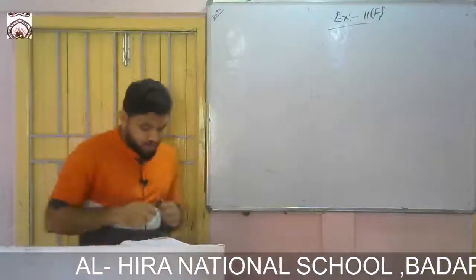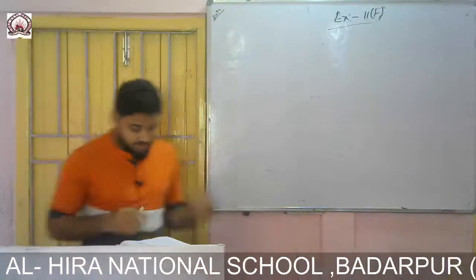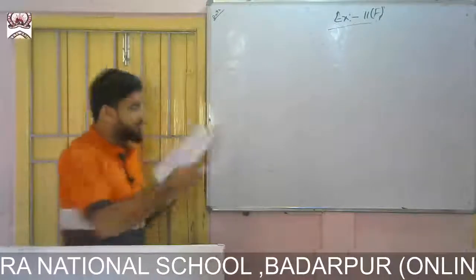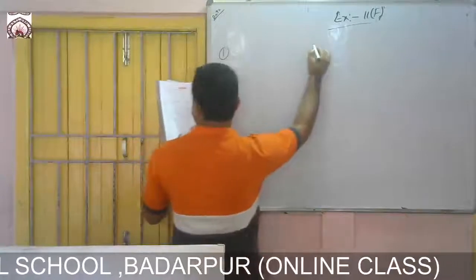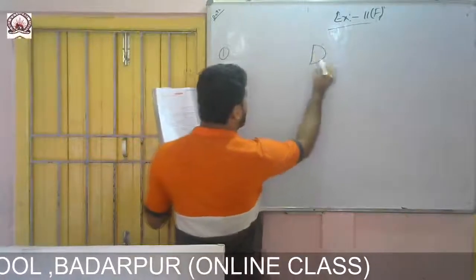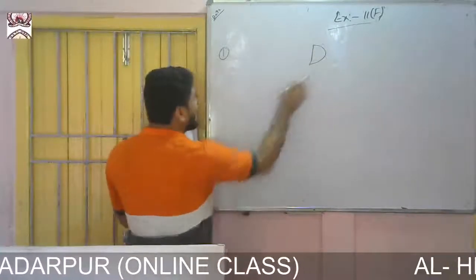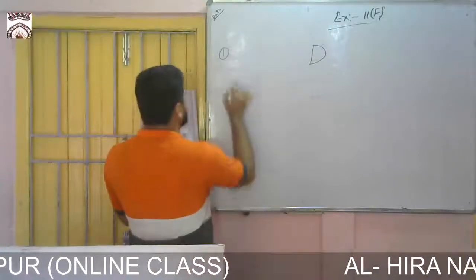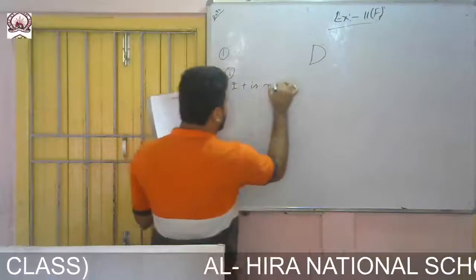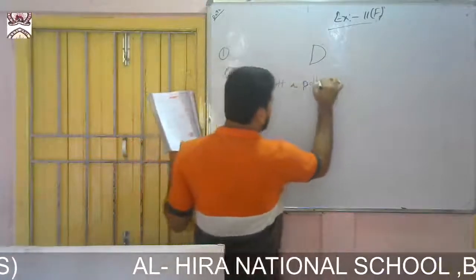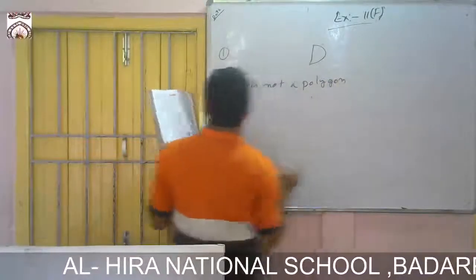From the book you see which are polygons and which are not polygons. So number 1, the shape is like this. One curved side is there, so it is not a polygon.